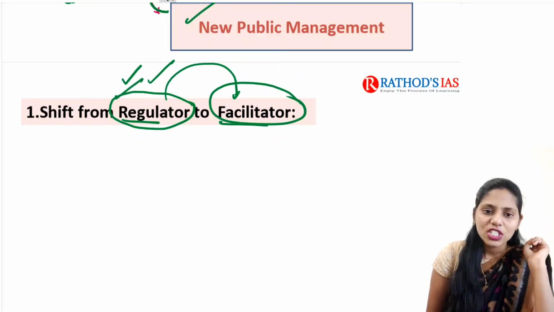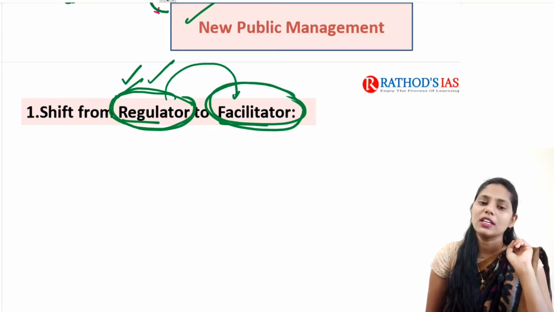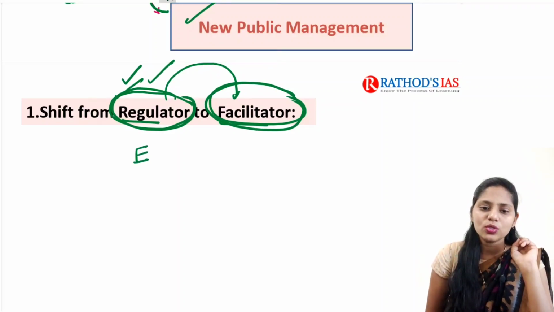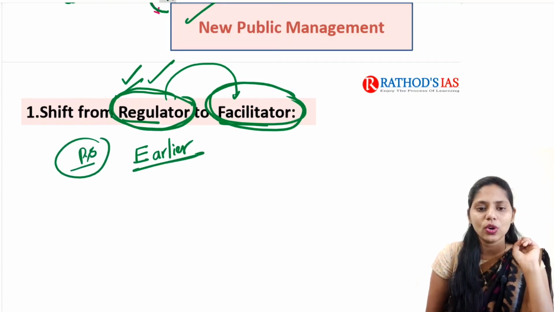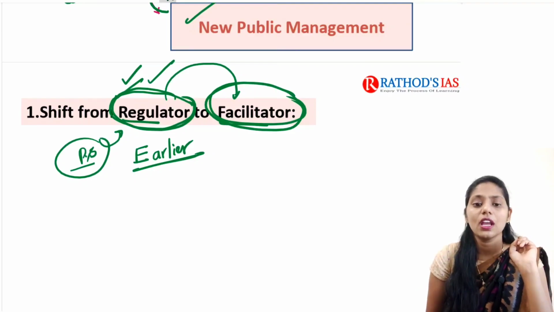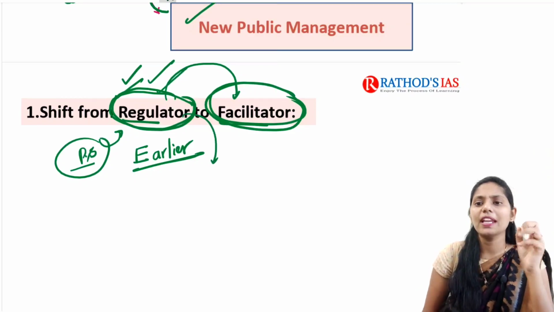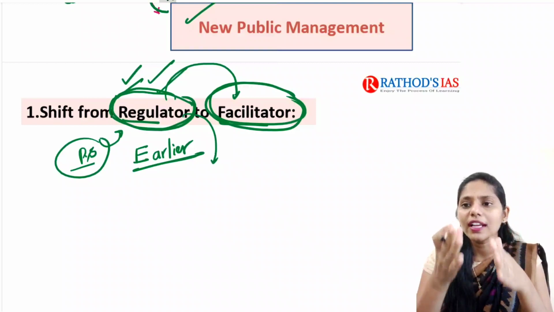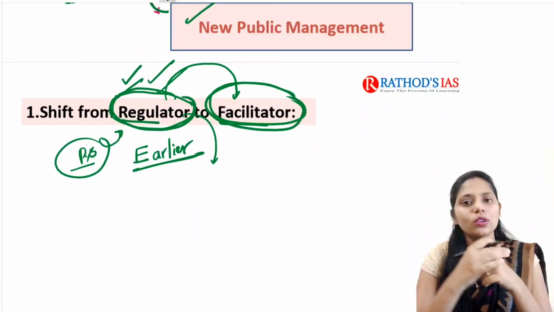So first is the shift from regulator to facilitator. Earlier we used to have only one work, that is regulation. Public servants mainly focused on regulation but not facilitation. In this regulation, they mainly focus on regulating activities which are detrimental to society.